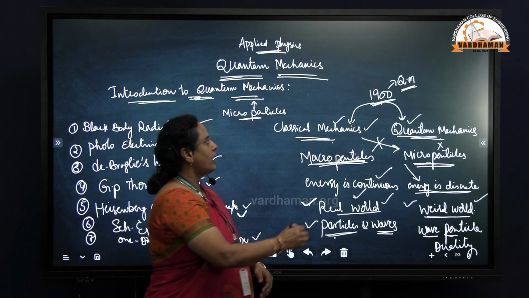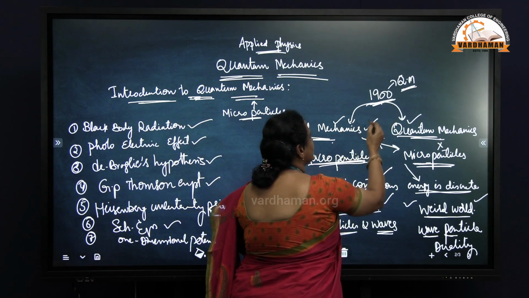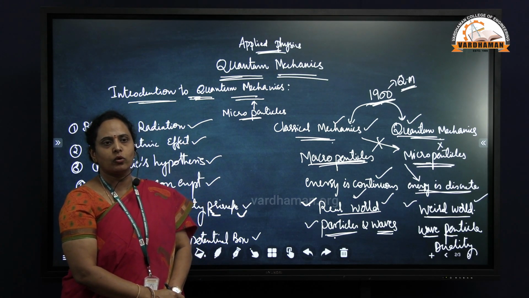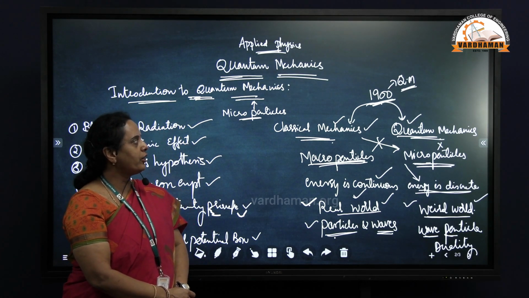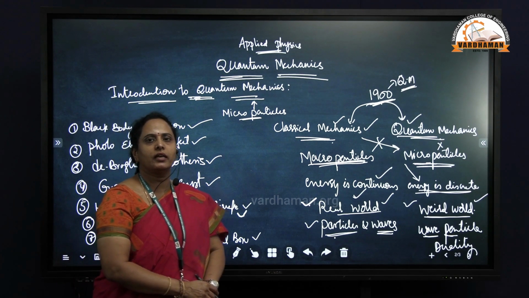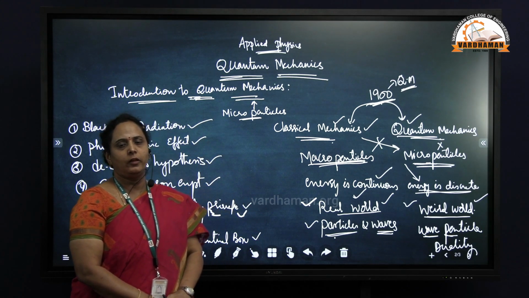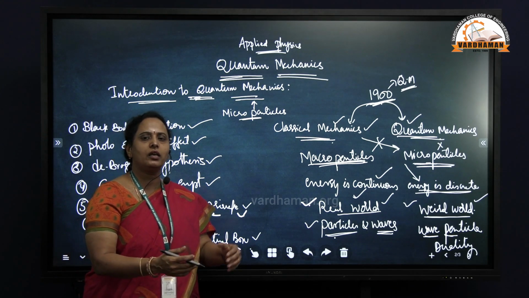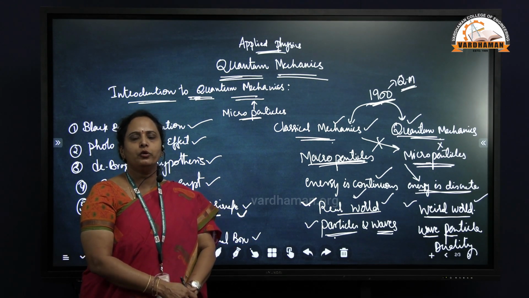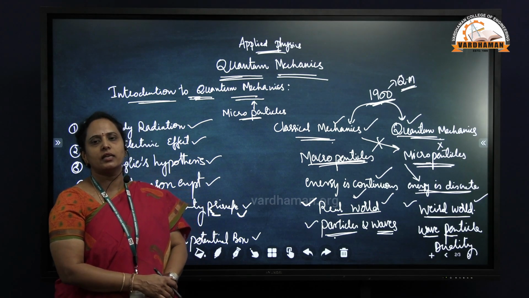That is the reason that at the beginning of the 20th century, in the early stages of 1900, scientists thought of introducing a new branch of physics. Because one medicine cannot cure all diseases, even here one theory cannot explain all the properties of everything in the universe. So that is the reason.